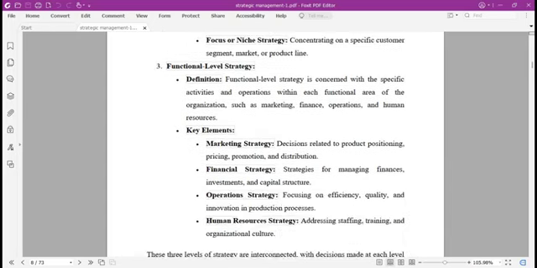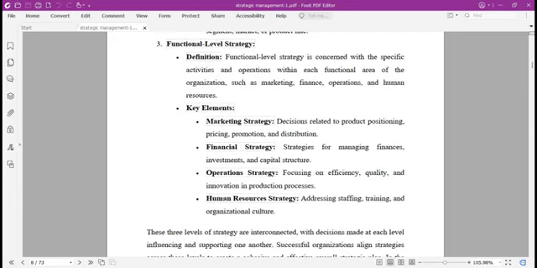The key elements are marketing strategy. Decisions related to product positioning, pricing, promotion, and distribution under marketing strategy. For an organization to have effective marketing, the pricing, the promotion, and the distribution of these goods.